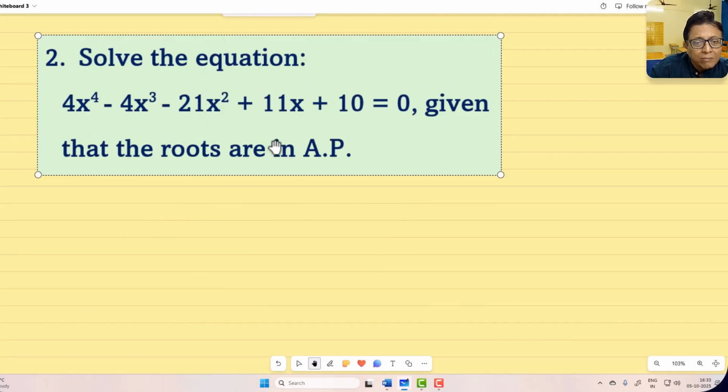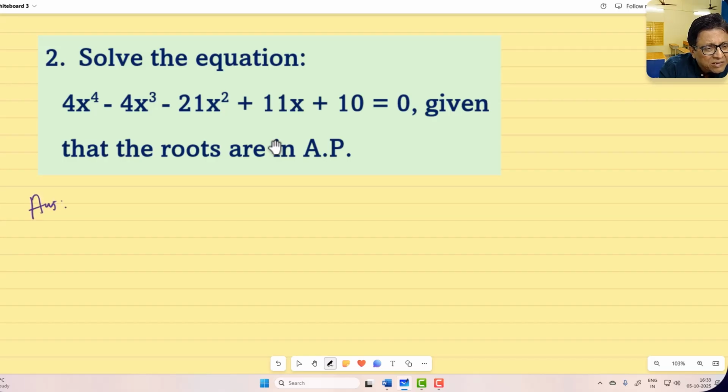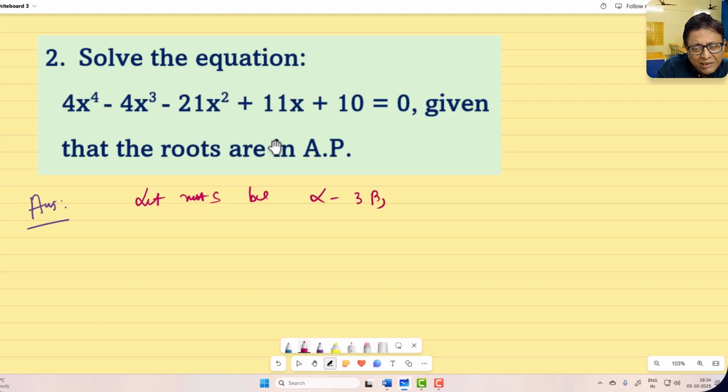In this problem, the roots are given to be in AP. So you start this way: you assume that the 4 roots are alpha minus 3 beta, alpha minus beta, alpha plus beta, alpha plus 3 beta, 4 terms in AP.